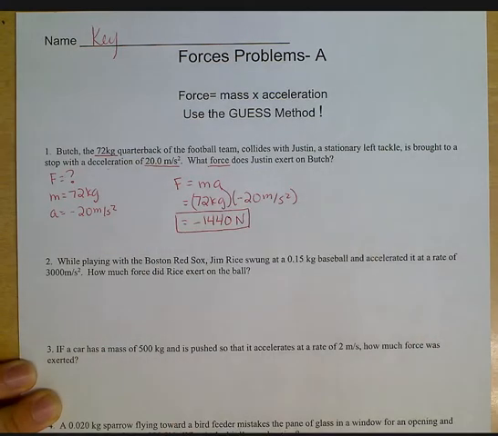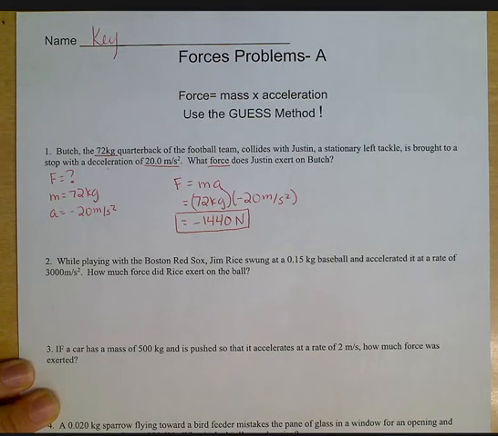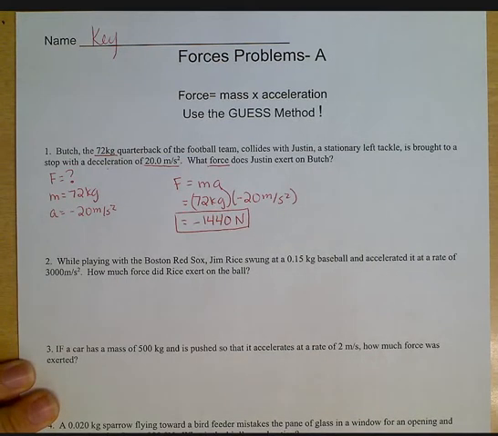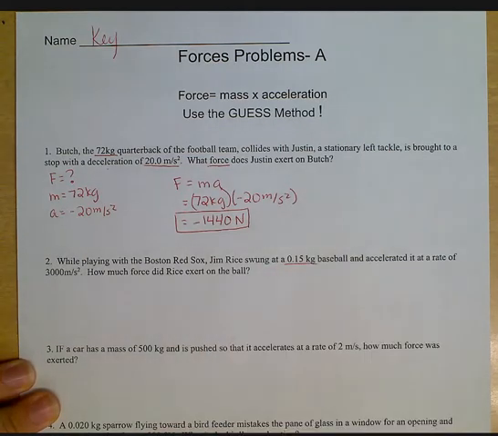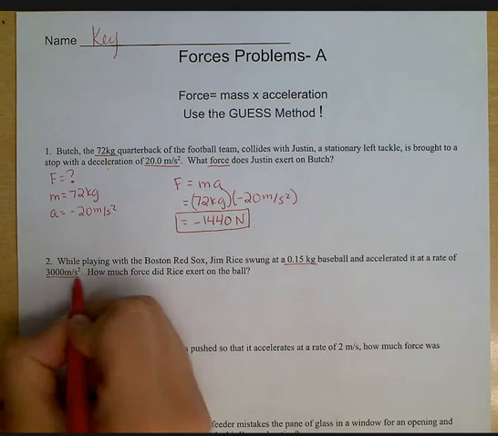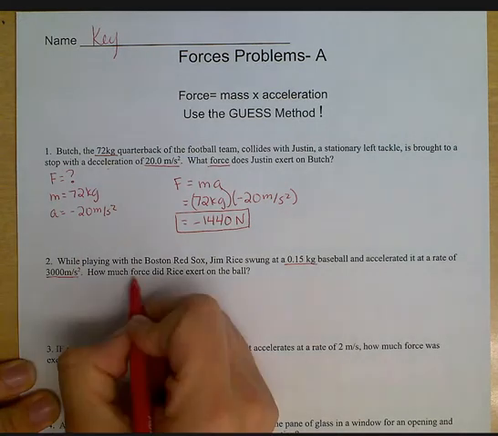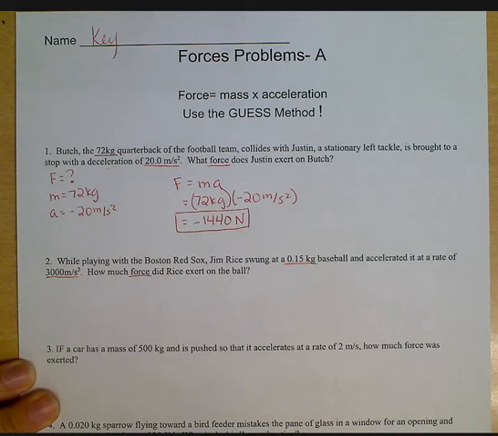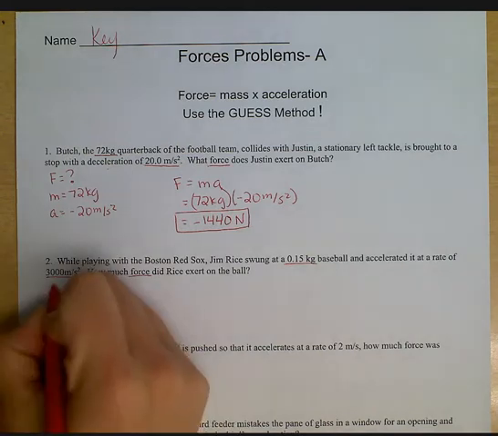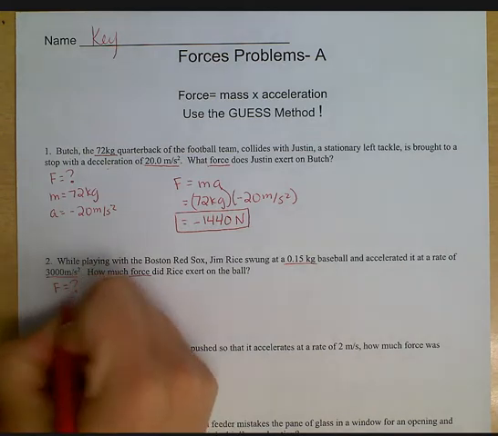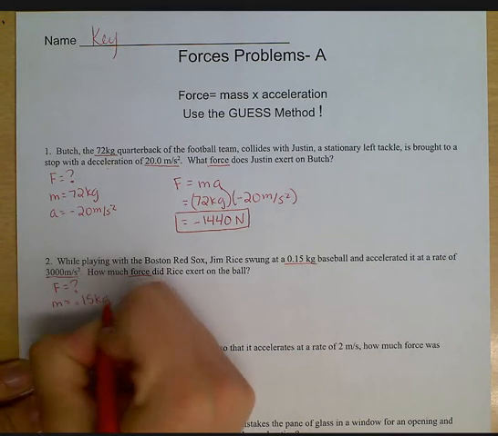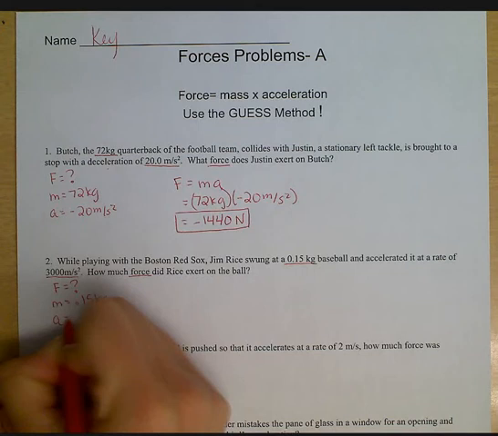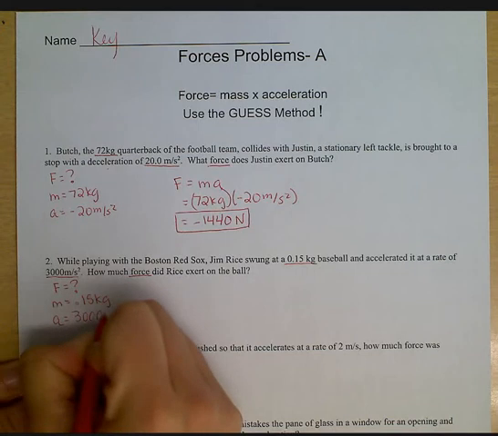Number 2. While playing with the Boston Red Sox, Jim Rice swung a 0.15 kilogram baseball and accelerated it at a rate of 3,000 meters per second squared. How much force did Rice exert on the baseball? So my force is my unknown. My mass is 0.15 kilograms. My acceleration is 3,000 meters per second squared.